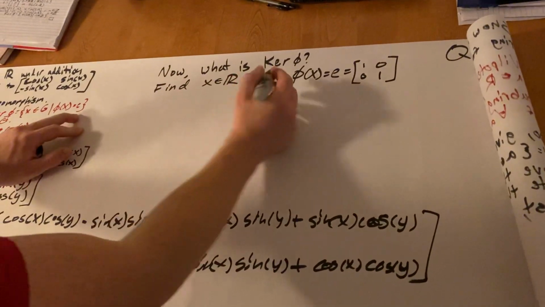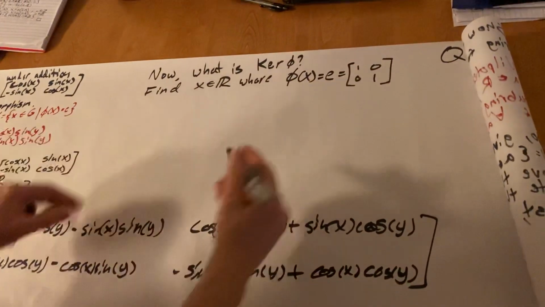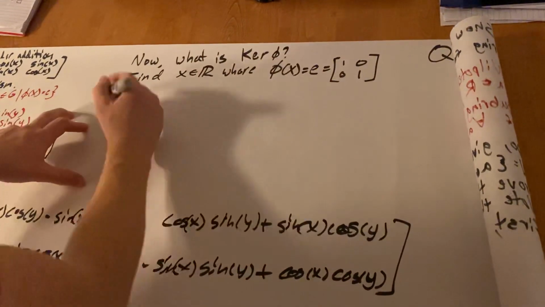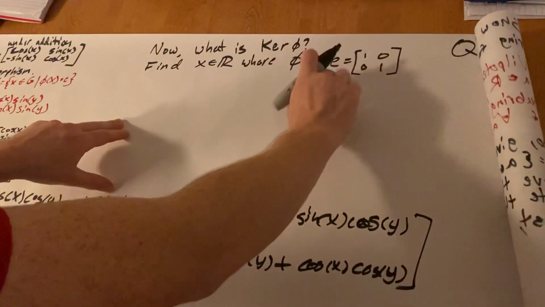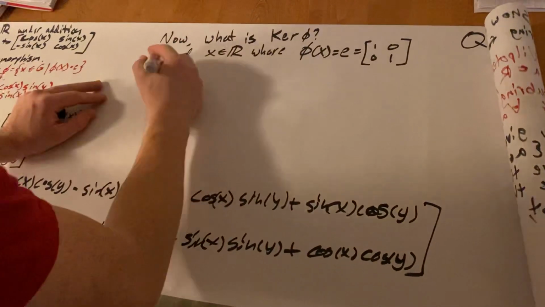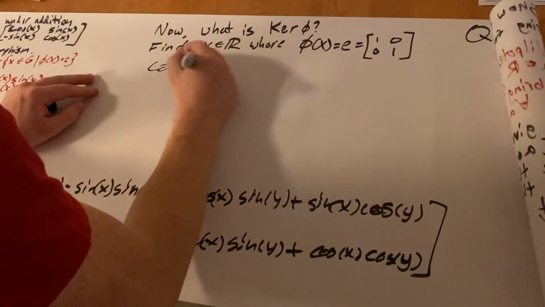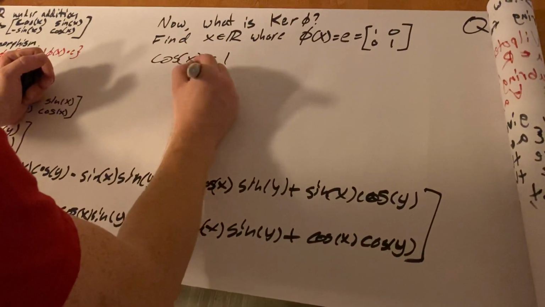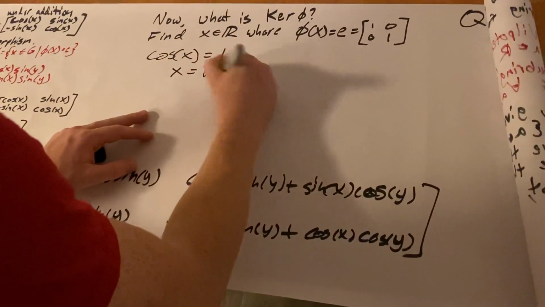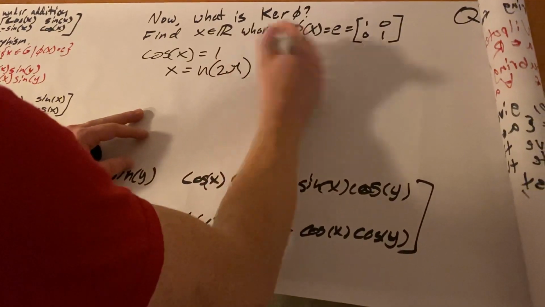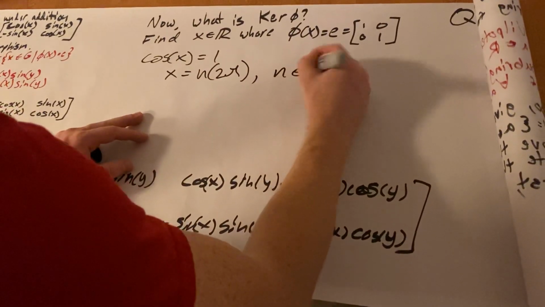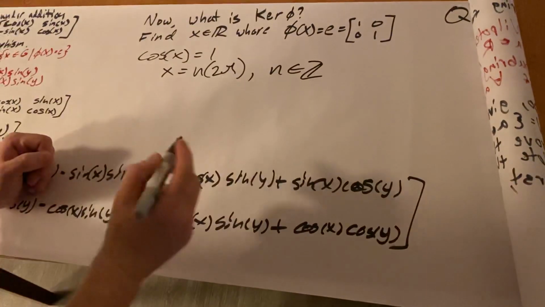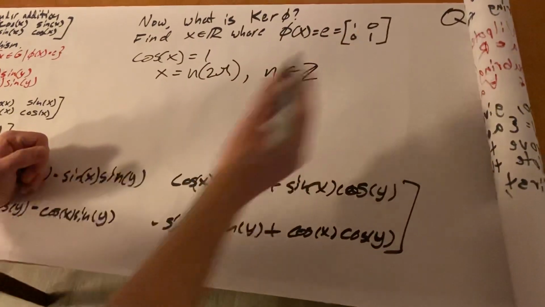So find the x in R where phi of x is equal to e, which for SL2R is 1, 0, 0, 1. So phi of x equal to that e implies that cosine of x is equal to 1, which gives us x equal to n times 2 pi for n in Z, which we can see also holds for sine of x equal to 0.